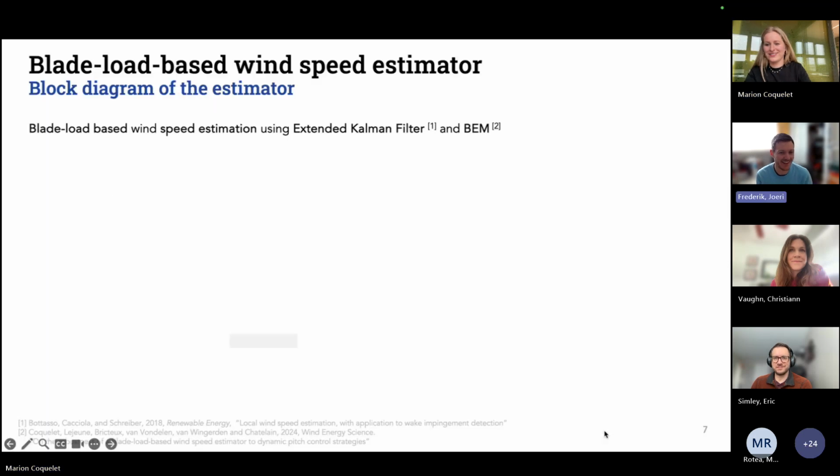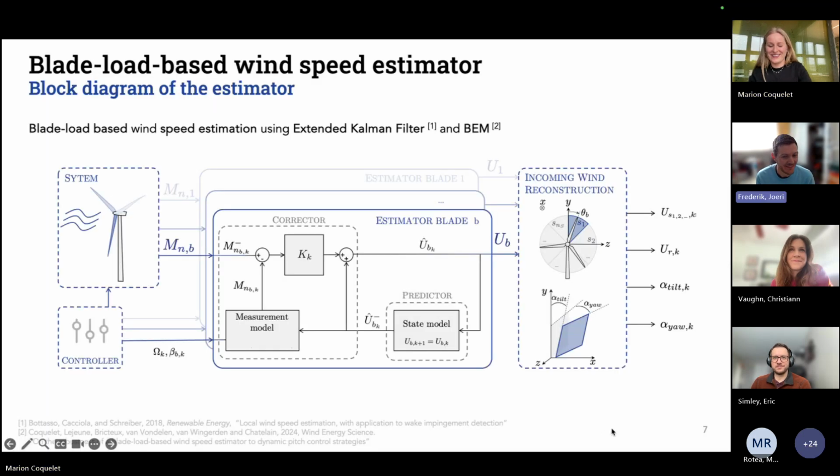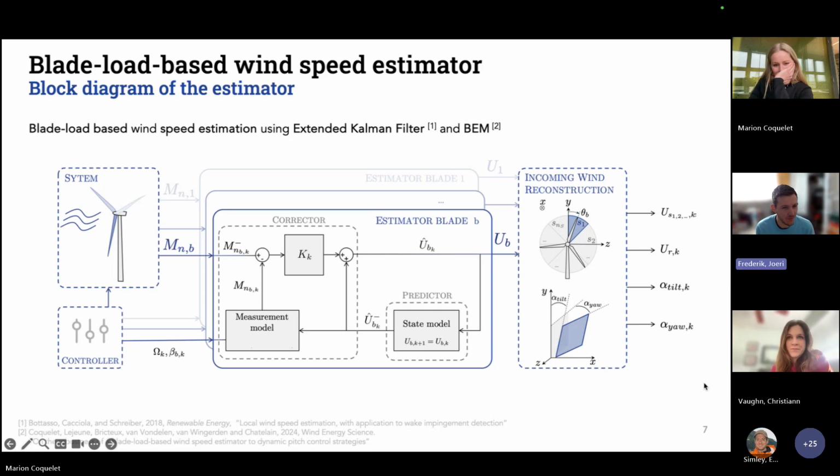Yes, exactly. So my question is, you have your system on the left, which is your turbine, but you're running simulation, so your system is also some sort of model, right? So how does your measurement model, your BEM model, compare to your system, and how does that extrapolate if you would use this on a real turbine?